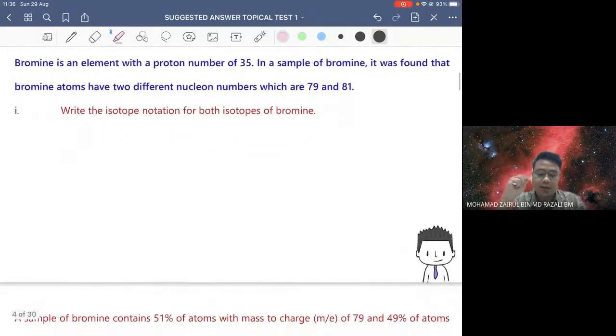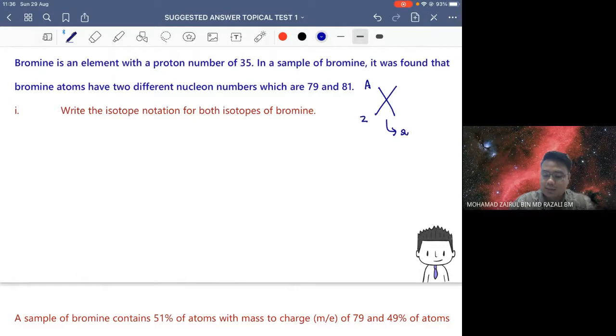Write the isotope notation for both isotopes of bromine. So remember that the general structure of isotope notation is X with A and Z, where X is the symbol of the element, Z is the proton number, and A is the nucleon number.